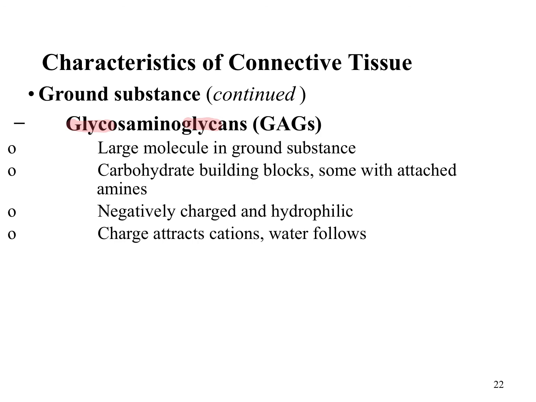So this is a compound that's a carbohydrate linked to an amino group, or a part of an amino acid that's linked to another carbohydrate. It's a large molecule. They are building blocks for carbohydrates. The big thing about them is that they are negatively charged and they are hydrophilic.